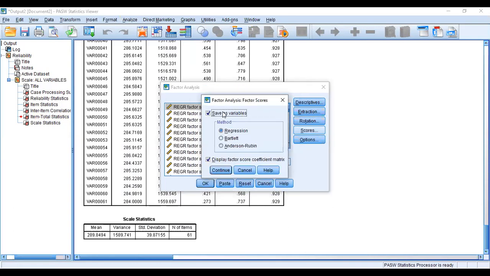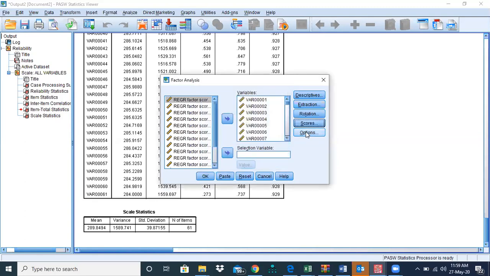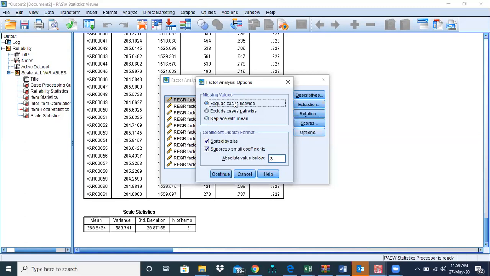In the Scores tab, we will click Save as variables and we'll continue. In the Options tab, exclude cases listwise, sorted by size, and suppress small coefficients below 0.3 so that there is no clutter in the factor matrix.